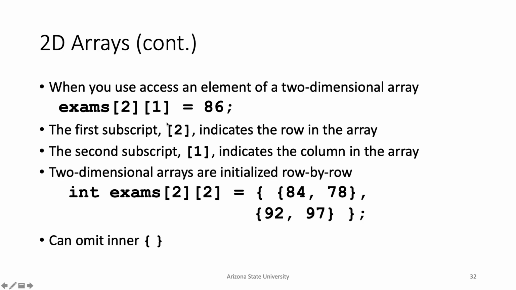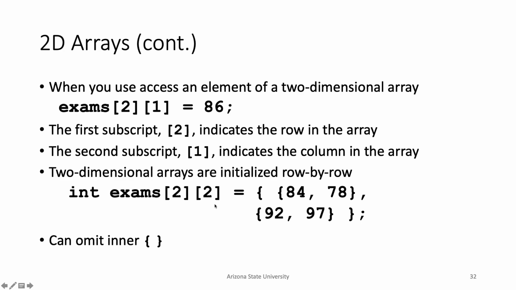Assigning to elements works exactly the same way as for normal arrays. So if I wanted to look up the third row and the second column, so index 2, index 1, and assign it that way, then I can assign 86. There's no difference here. And then we talked about initialization lists before.